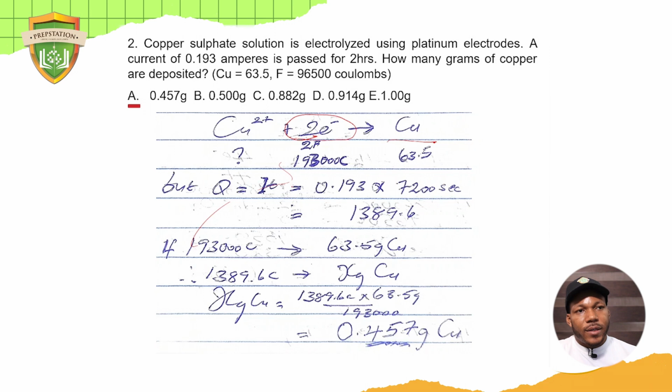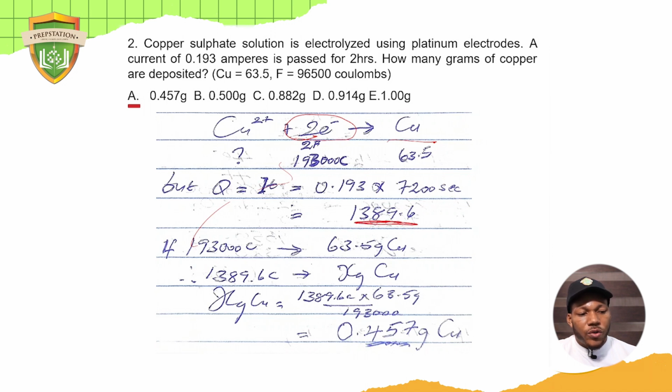Q is equal to I times T. I is given in the question, 0.193 amperes. Convert 2 hours to seconds, you have 7,200 seconds. Then multiply by your time, you have 1389.6 coulombs.